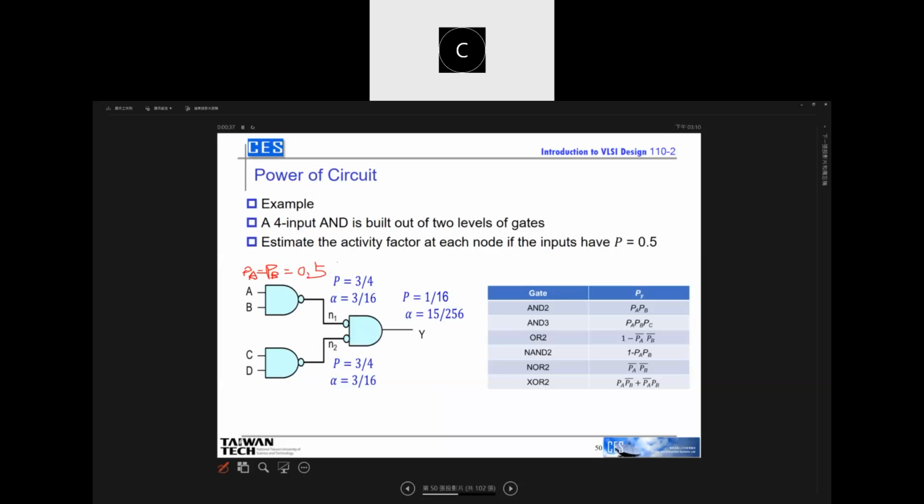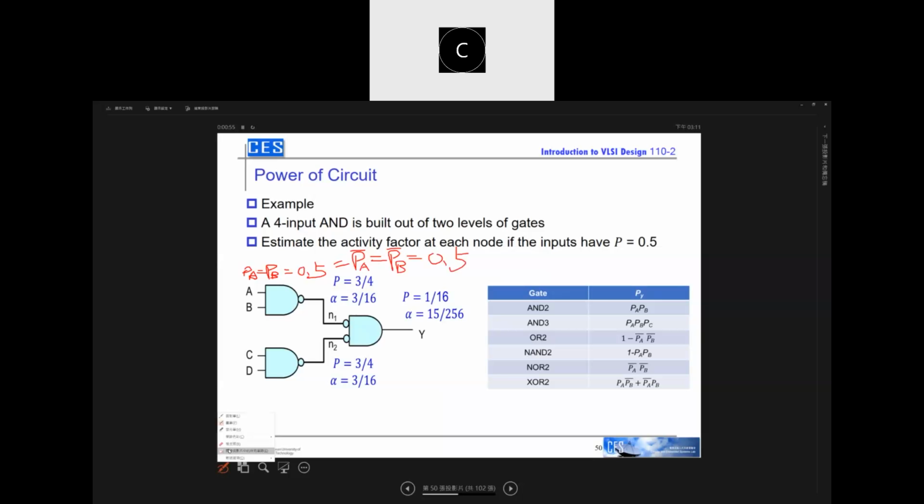Then that means PA bar equals PB bar, also equals 0.5, right? Okay, so that's how we get this.